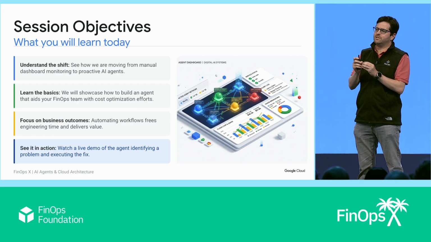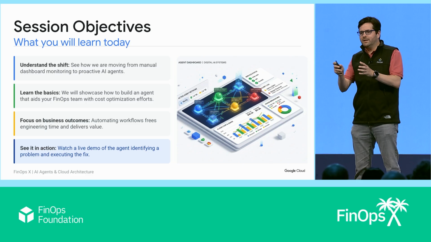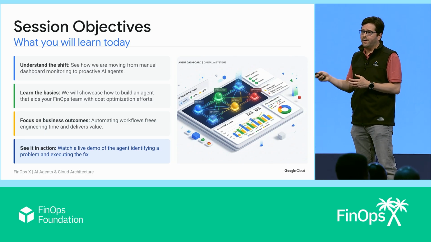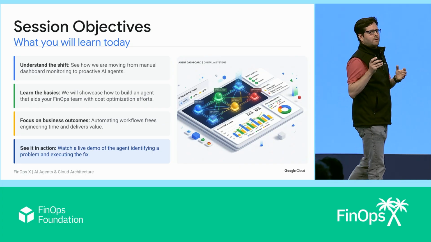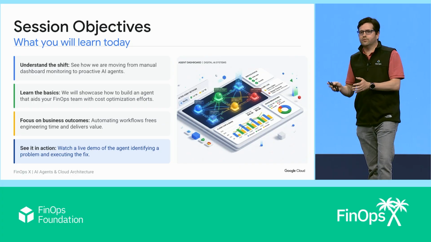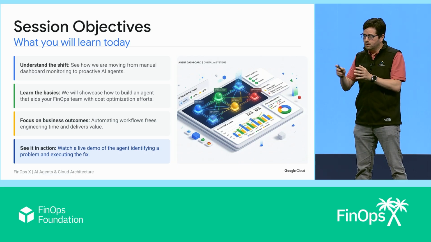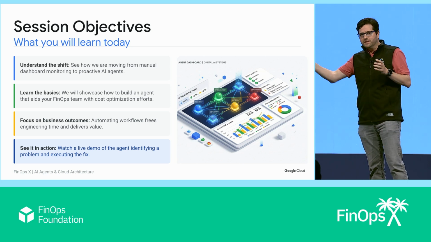We are taking GCE, or Compute Engine, as a reference model, but you can take that and extend it, extrapolate to do whatever you want. And finally, we will be putting all of that together, and we'll see it in action. David will walk us through how to set up Gemini, how to set the agent, how to deploy it, how to use it, and then we'll see the agent take action.